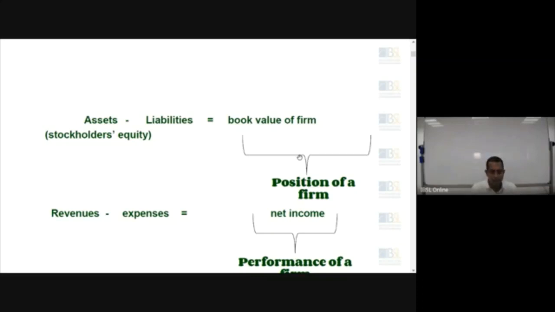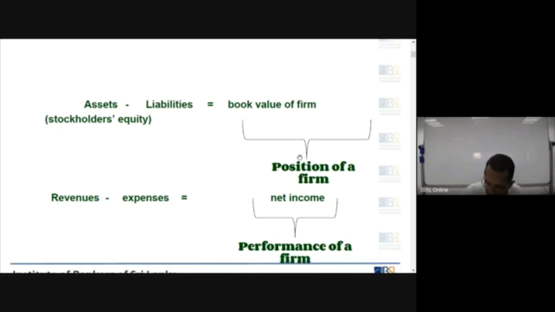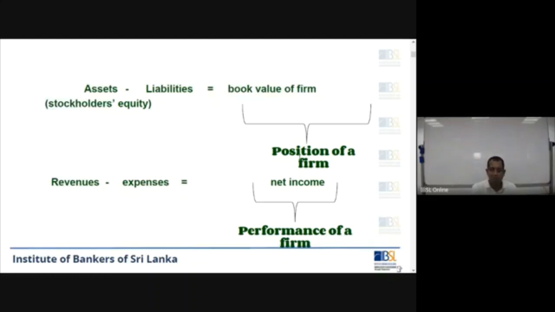Then when it comes to the financial performance of a company, it is the P&L, right? We call it P&L, but now it is the financial performance statement. It is revenue minus the expenses, which is net income or net profit. So these are the two main statements we have.